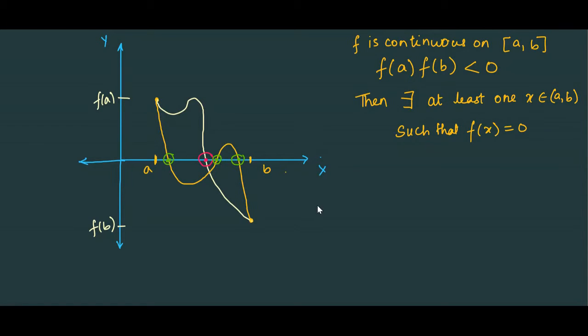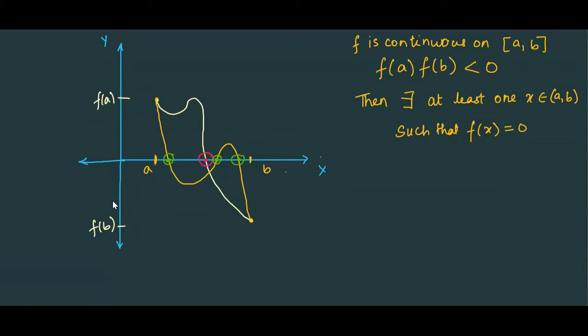So in other words, f of x will have at least one root in this open interval (a, b). F of a is not equal to 0, f of b is not equal to 0, so the closed interval [a, b] is meaningless here; it is the open interval (a, b).